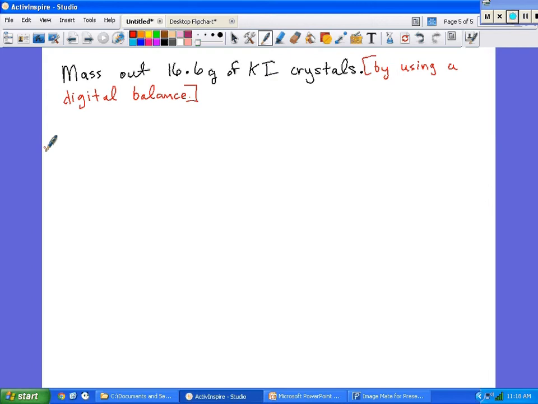Okay. After we have the mass of 16.6 grams, what do we do next? Very good. Now, why am I putting it in a 100 milliliter flask, first of all? That's exactly the amount we needed. Now, why is it volumetric?